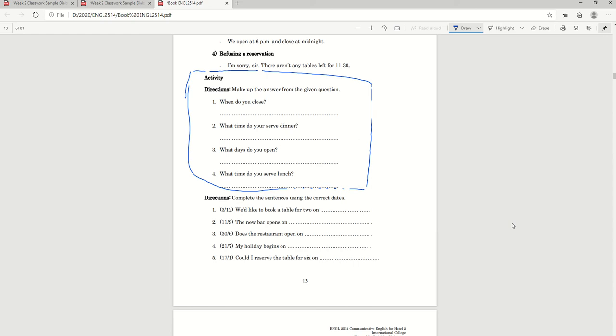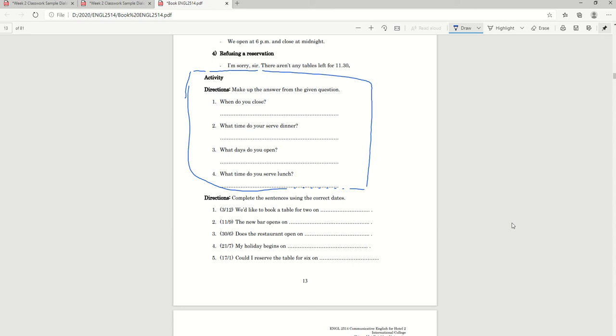So open, close here refers to the restaurant opening and closing. So you know how to answer it, right? When do you close? We need time as the answer, isn't it?